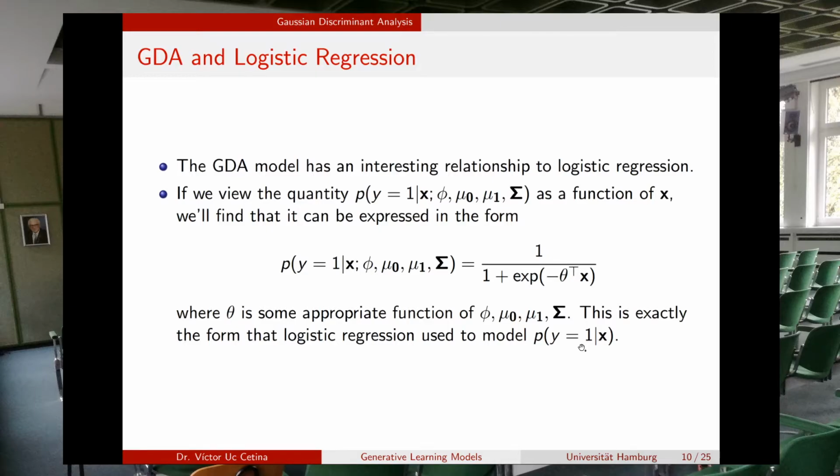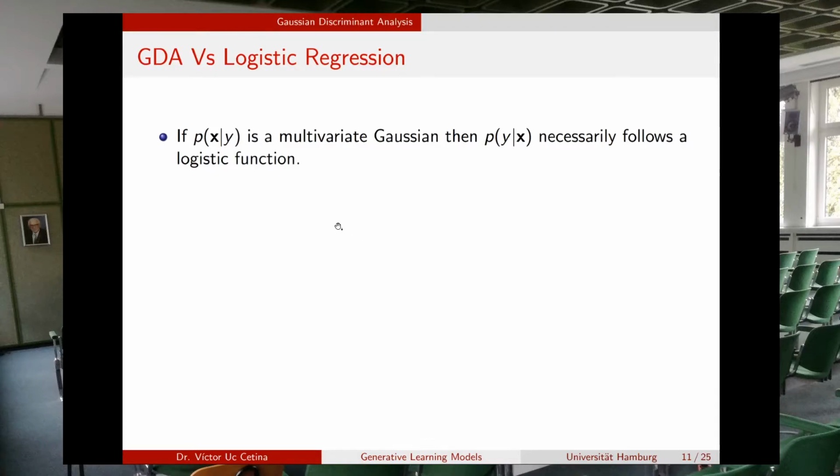Why is that? Because in the Gaussian discriminant model, in the formula for the normal distribution, we have an exponential there, and you can transform that formula to get something similar to this one. So if the probability of x given y is a multivariate Gaussian, then the probability of y given x necessarily follows a logistic function.